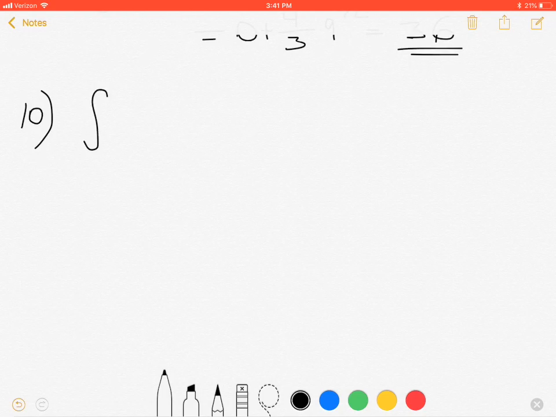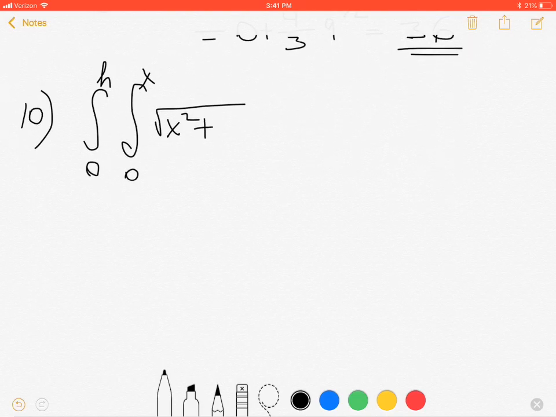I have the integral from 0 to h, integral from 0 to x, square root of x squared plus y squared dy dx. How do you convert a rectangular integral to polar coordinates?